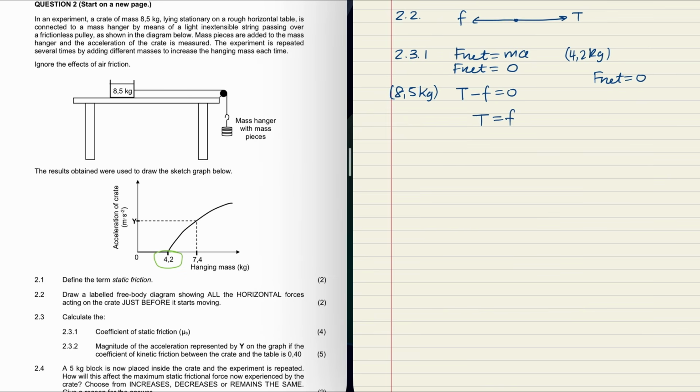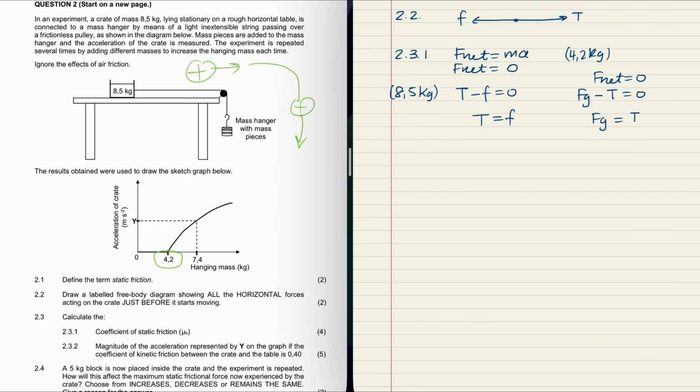So if I've chosen right as positive here, then I must choose down as positive here, because it kind of connects like that, you see. So I'm going to have gravity minus tension is equal to 0. That means the force of gravity is equal to tension.